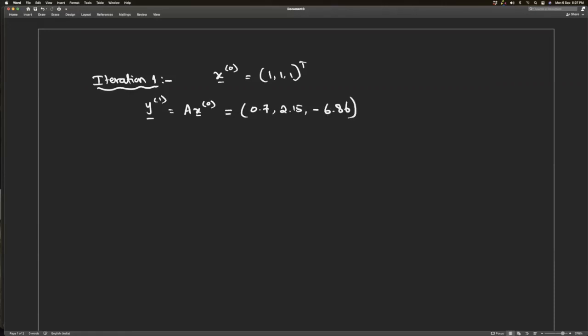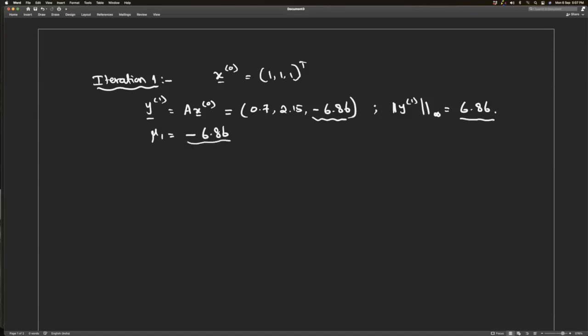From here, I get mu1 as, remember, you have to take the maximum norm of y1. So the maximum norm of y1 is actually equal to 6.86, and therefore mu1 has to be minus 6.86. Why? Because you have to take the value of that component at which the maximum norm is achieved, not just the maximum norm. So it is minus 6.86.